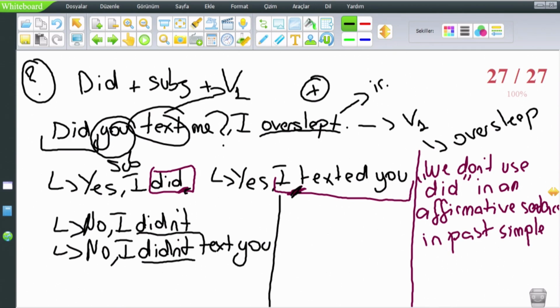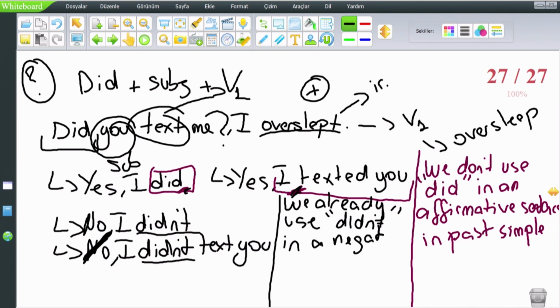And the reason for that is, in the long answer, if you don't see no in this sentence, I didn't text you, this is a full negative sentence created in past simple. And we already use didn't in a negative sentence in past simple. So if you actually understand the logic of it, you don't have to memorize anything.